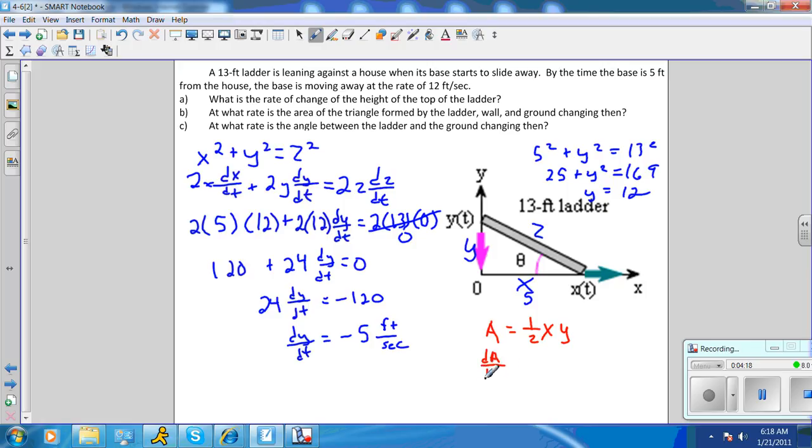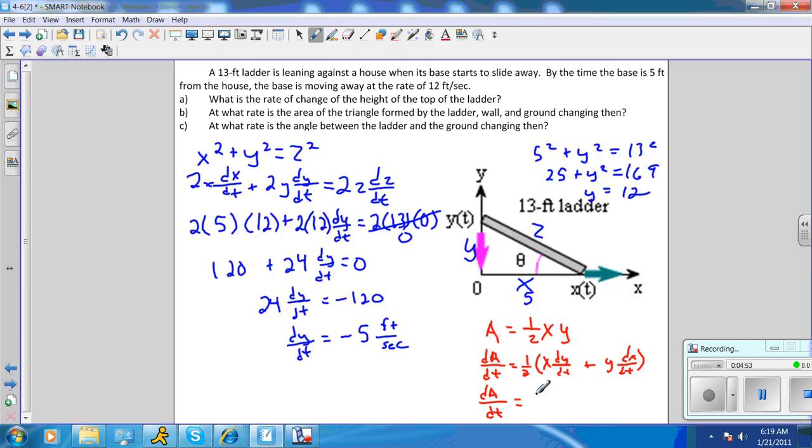So dA/dt is 1/2 times the derivative of x times y, which is x dy/dt plus y dx/dt. First times derivative of second plus second times derivative of first. Now let's plug in what we know. We want to figure out dA/dt, so it's already by itself. That's good.